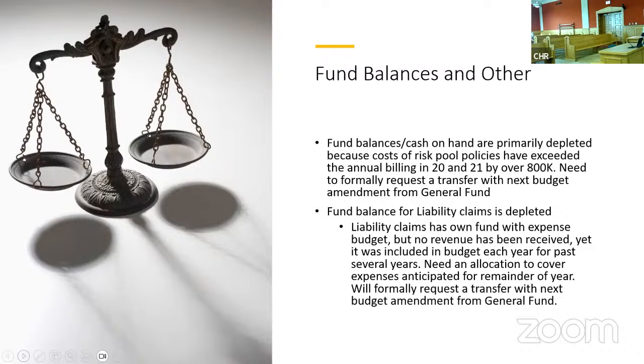And then in 2020, there was a transfer from the risk management account of 250,000, but that whole 500,000 has been depleted now, and we have nothing to pay the liability claims, which is the first 100,000 on those cases that we have outstanding. We have zero in the deductible payout bin? Yeah, so that needs to be formally funded as well, because it's out of cash.